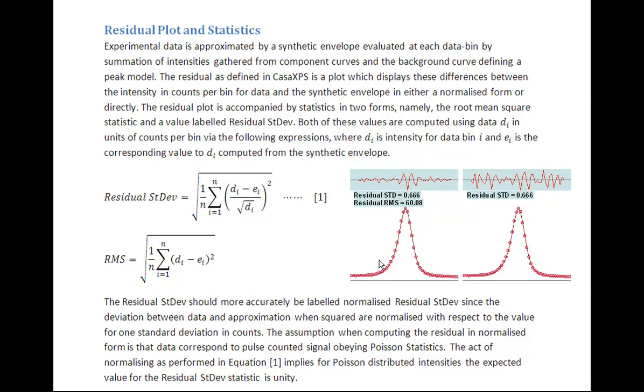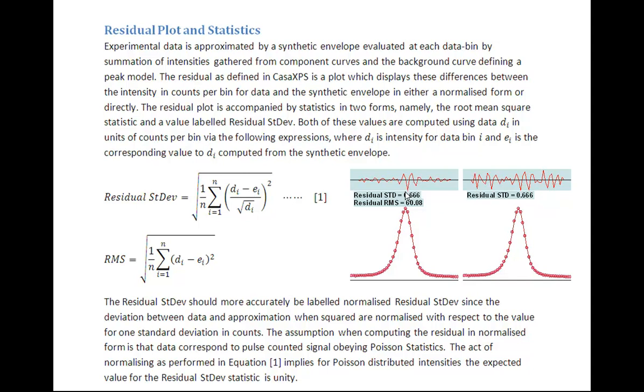Now, the noise in a spectrum for pulse counted data should be proportional to the square root of the counts per bin. And you can see the square root of the counts per bin enters into the residual standard deviation calculation, or the chi-square calculation. And without normalization, the noise level within the data increases as the intensity increases. Therefore, around a peak maximum, you have greater oscillations when you are working with a root mean square.